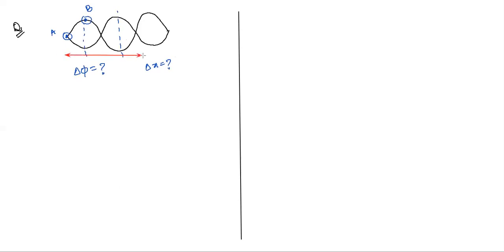Why? Because this entire length is lambda, and one-fourth of it, that is this one, will give me lambda by 4. The path difference between A and B will be lambda by 4.